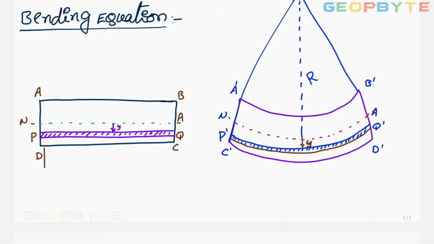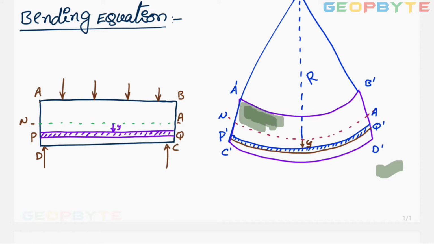Now I am placing the support somewhere here and applying a number of forces like this. Once the forces are applied, the final position of the beam is looking like this. Once the beam is bent, look at the region of the beam above the neutral axis.